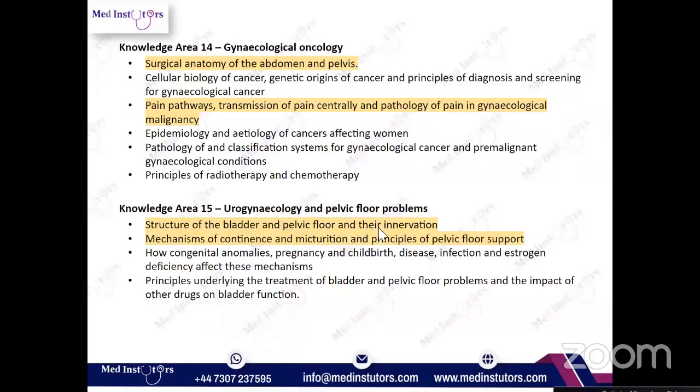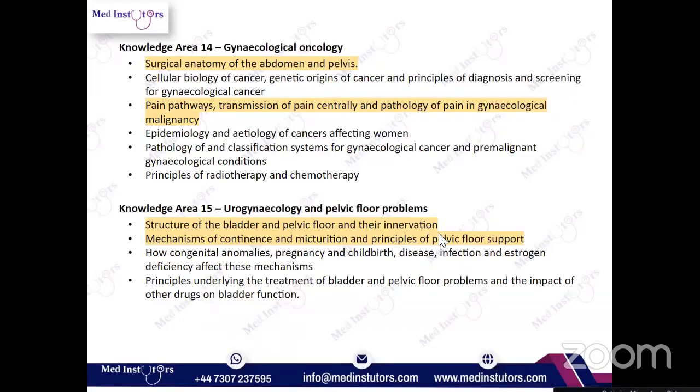This is very, very high yield. They have frequently asked questions about the blood supply and nerve innervation of the perineum. So this is important. This is a mixed topic which covers your anatomy and your physiology as well: mechanism of continence and micturition, and principles of pelvic floor support.